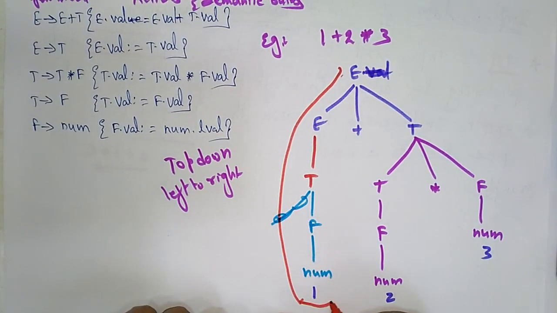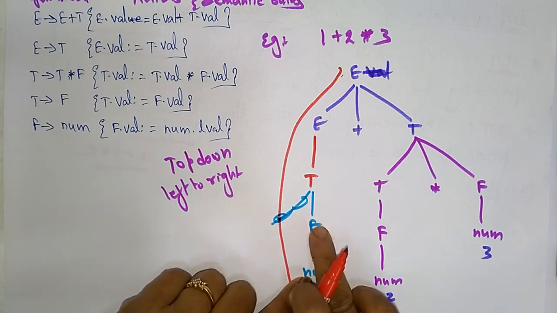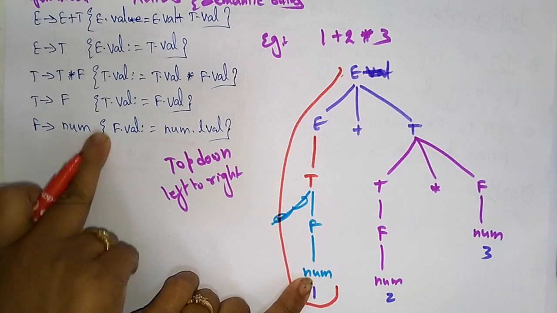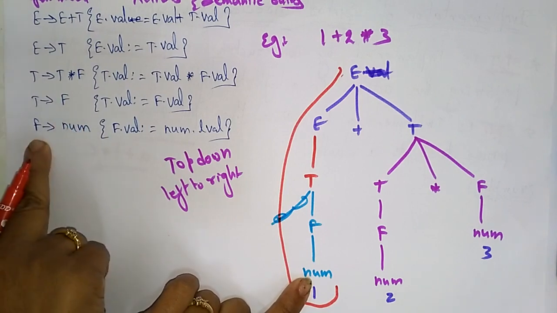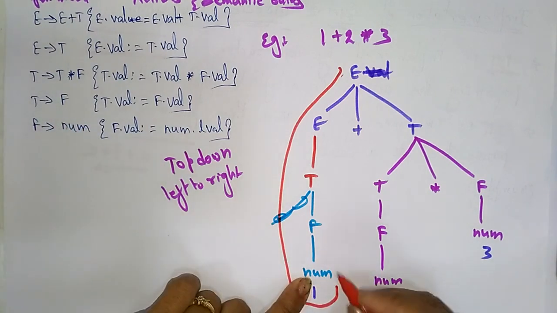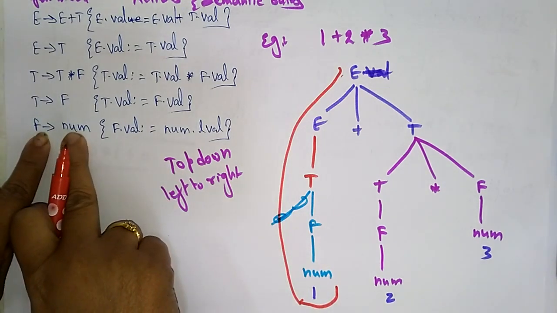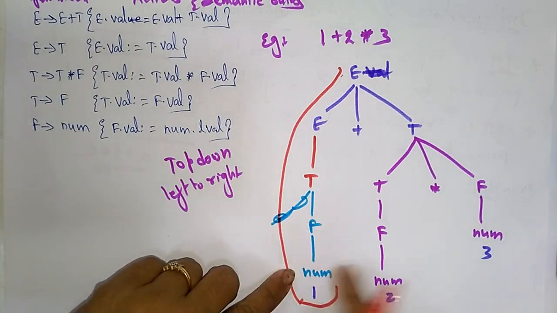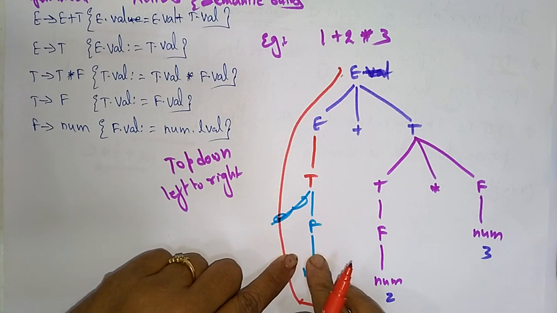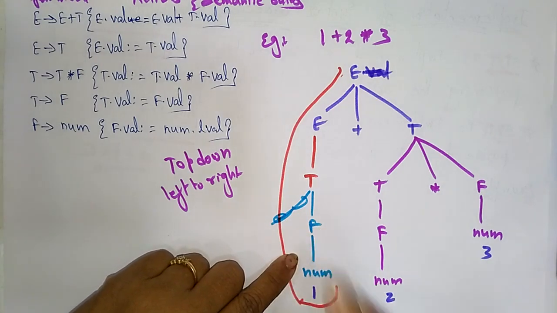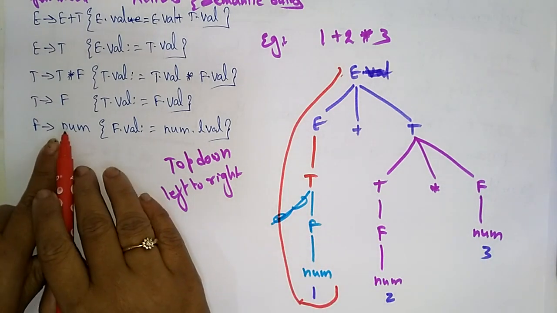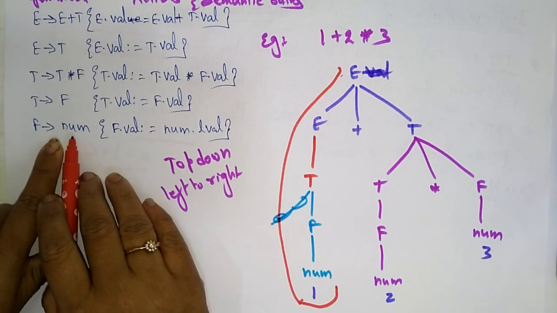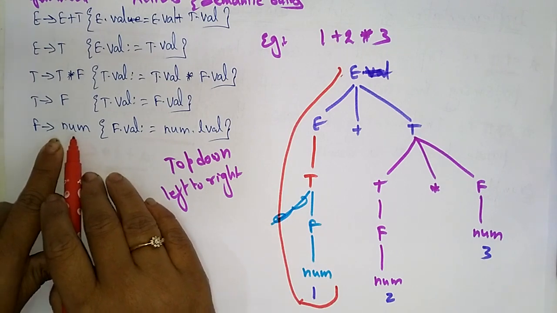So first num. Whenever there is a reduction, the num is reduced to F. So F determines num means the num is reduced to F. Whenever there is a reduction, we go to the production and carry out the action.